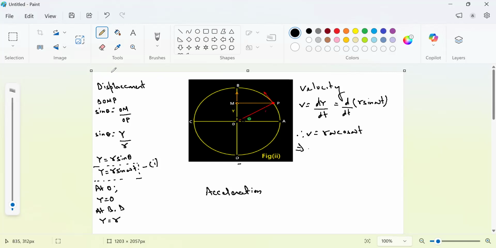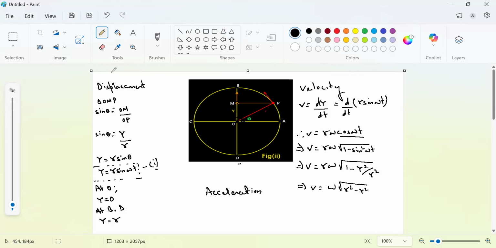This further can be written as v equals R omega, and this cos omega t can be written as root under 1 minus sine square omega t. And from expression 1, we know sine omega t equals y by R. So this can further be written as v equals R omega root under 1 minus y square by R square, which can be written as v equals omega root under R square minus y square.